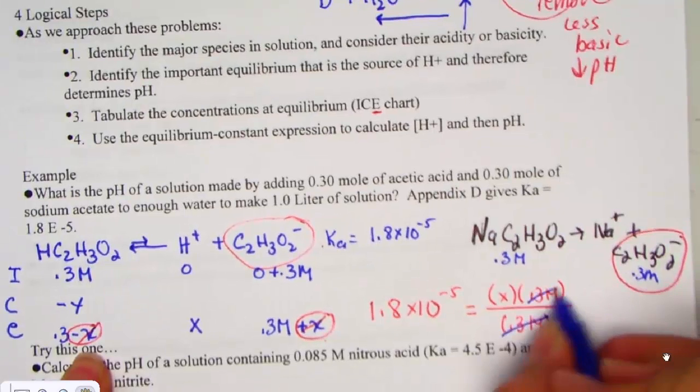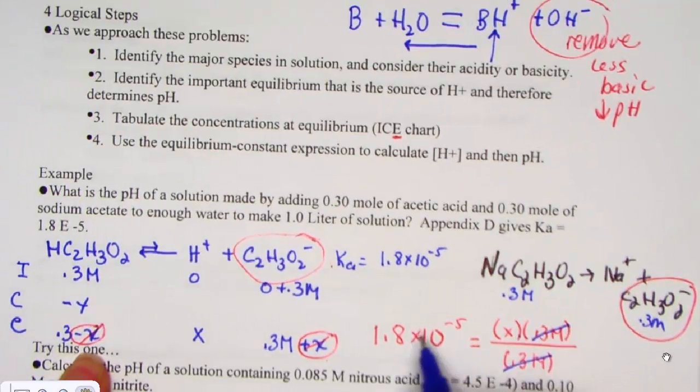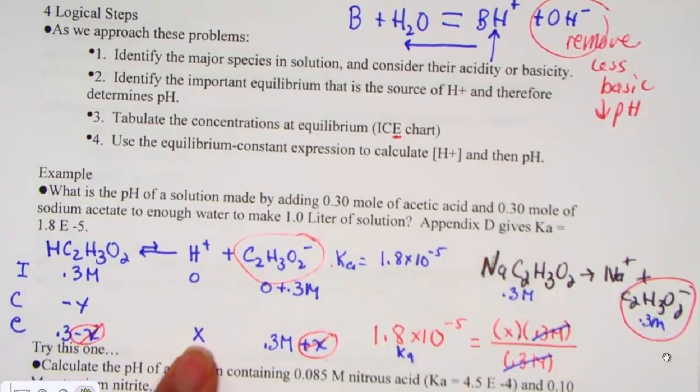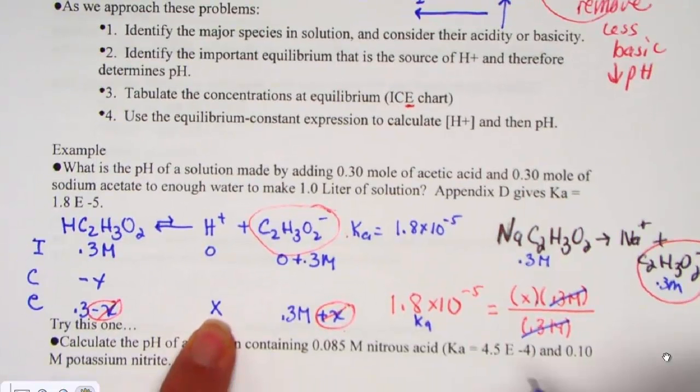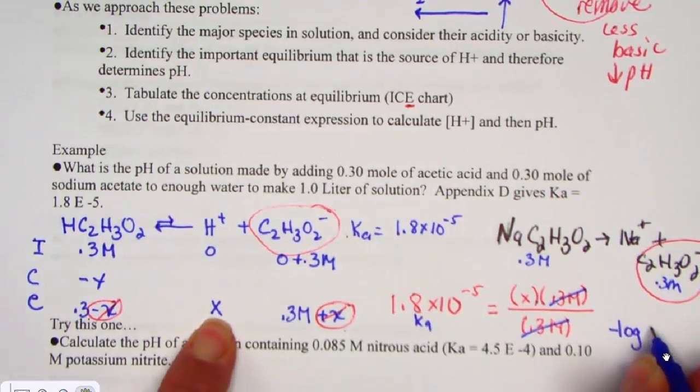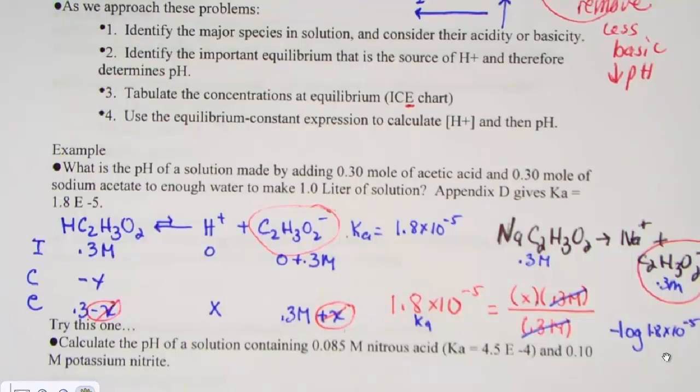The math simply shows these canceling out, and X becomes the Ka of our weak acid. Remember, we let X stand for hydrogen ion. Negative log, the value that we found for Ka, and we'll find our pH of the solution.